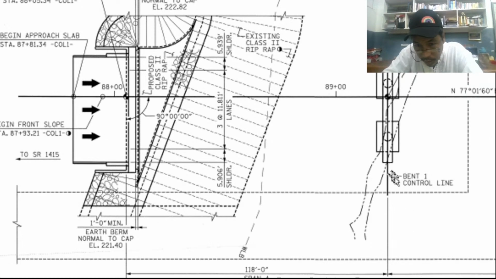So we have this bent control line. Okay. Bent control line here. So there is a structure that connects one column to the other.